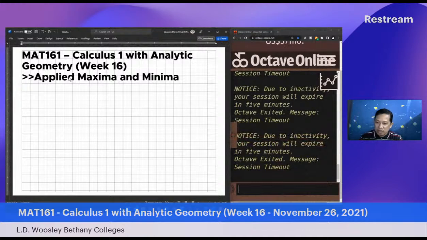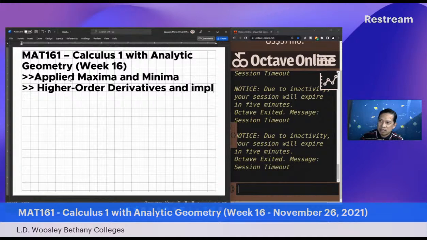And then we will look at some samples of higher order differentiation, or higher order derivatives. And implicit differentiation.